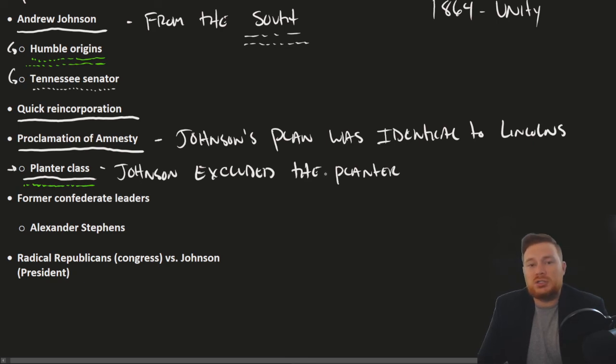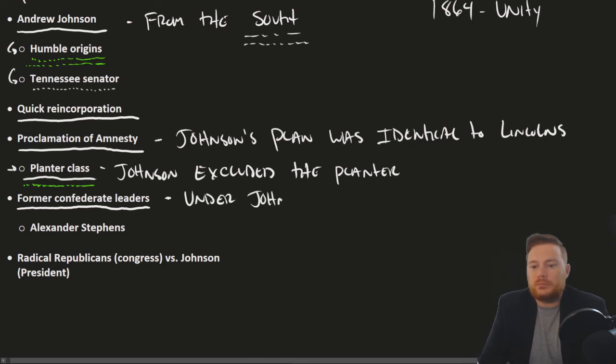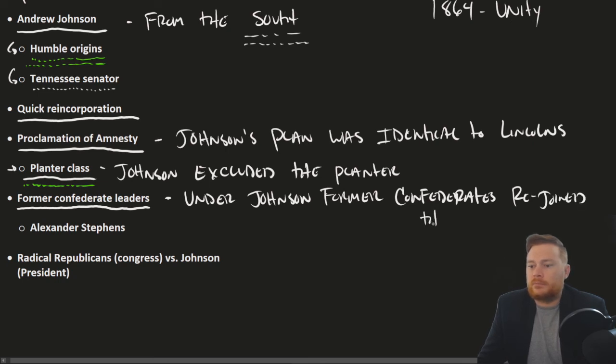However, during Johnson's Reconstruction plan, as those states are being readmitted to the Union, many former Confederate leaders find themselves in positions of power once again. So we might say under Johnson, former Confederates rejoined the U.S. government.